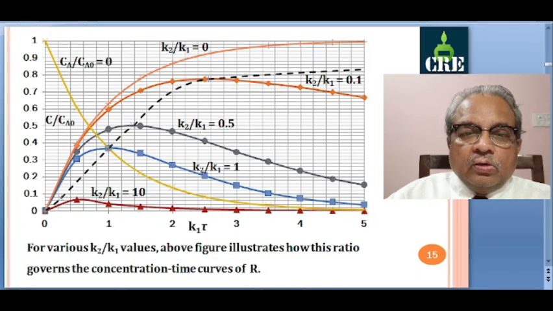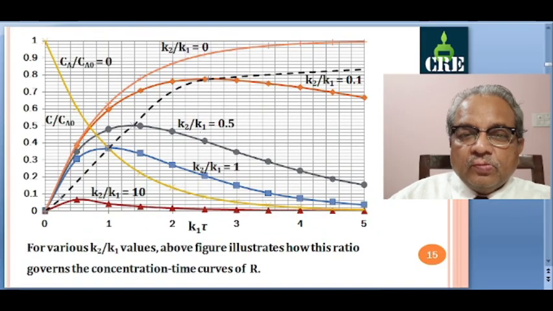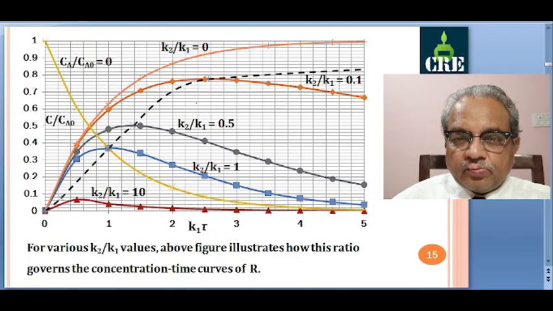Now you can see the first plot and the second plot. I have generated this plot in an Excel sheet with some arbitrary values. CA0 is taken as 1, so absolutely no problem. These values are taken from 1, 2, 3, 4, 5. So K2 by K1 ratio is varied, and K1 I have kept constant as 1.